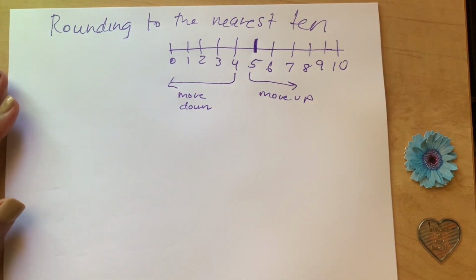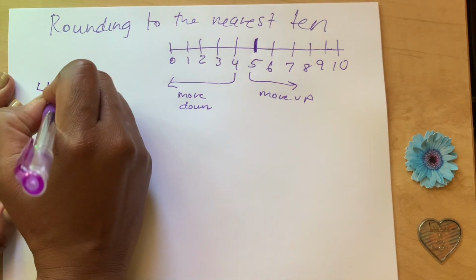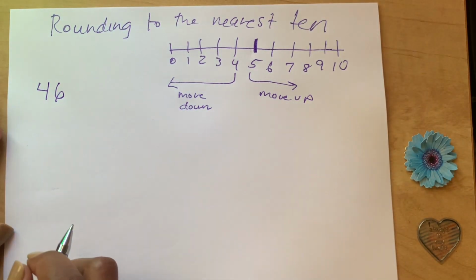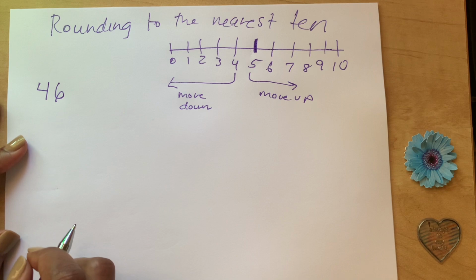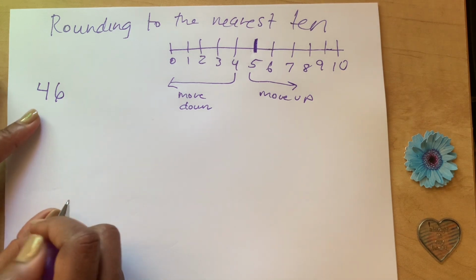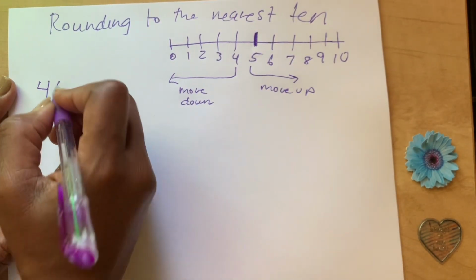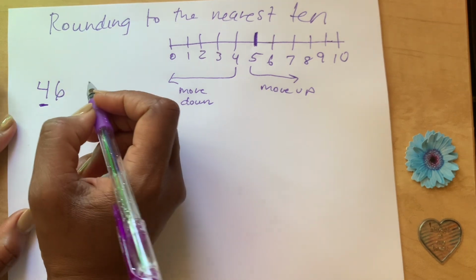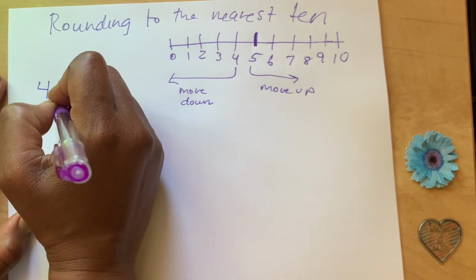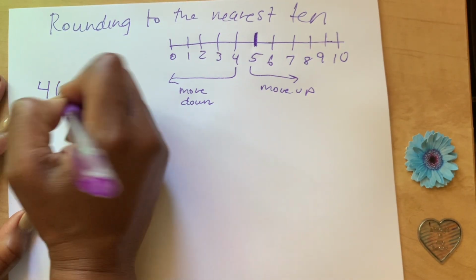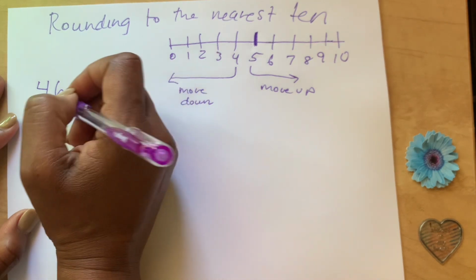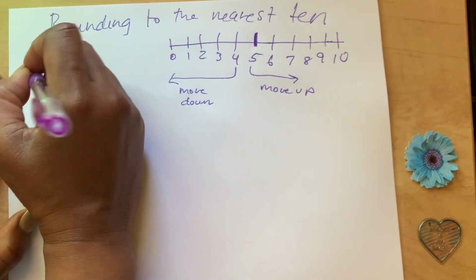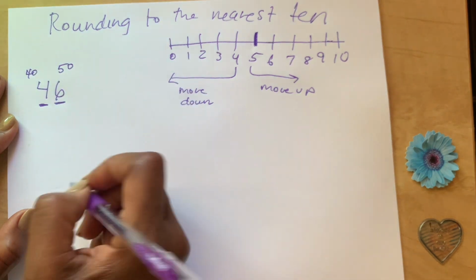For example, let's say we have the number 46. So we look at the tens place value, 40, here, and then we look at the ones place value, 6. We see this number is between 40 and 50.